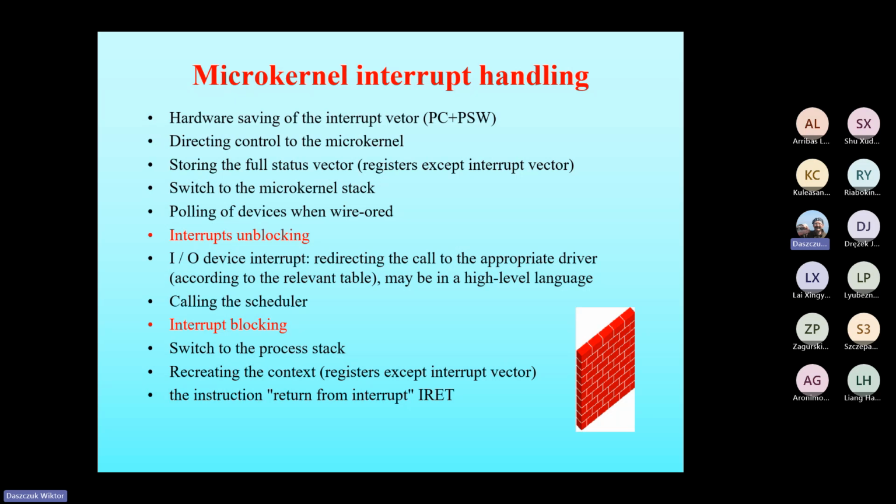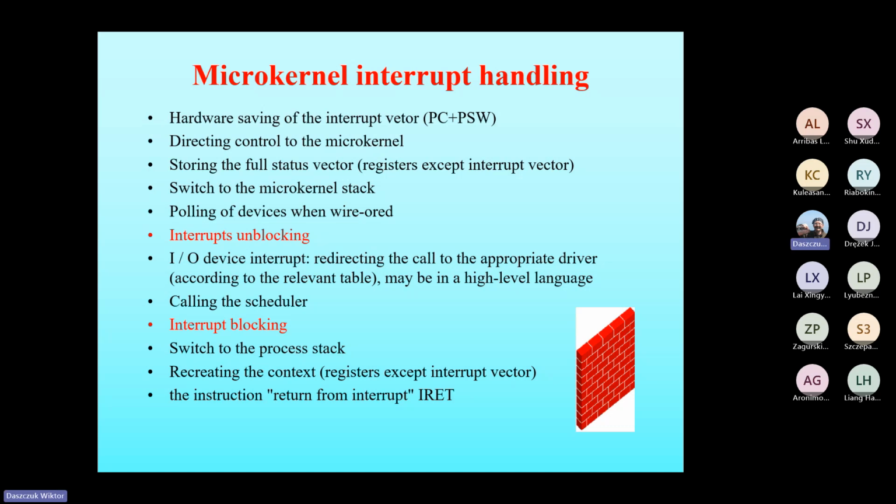For example, in PCI Express that we have in our PCs, the bus controller polls all devices and informs the operating system after polling which device caused the interrupt. But generally, it is what we already know.